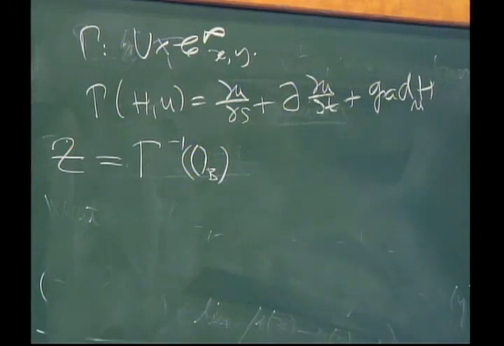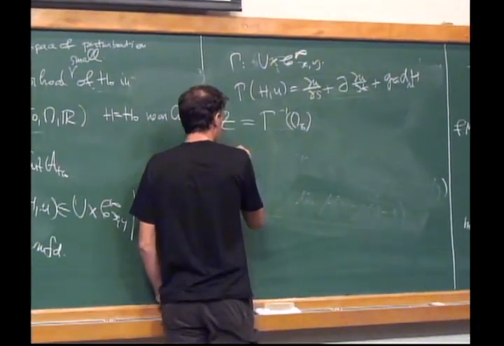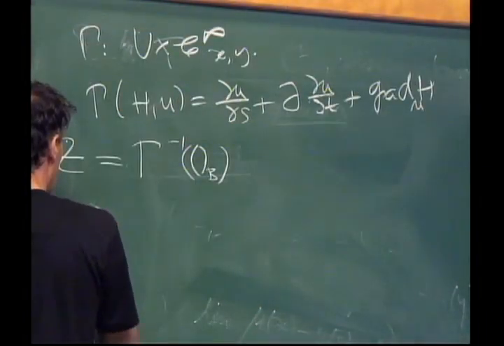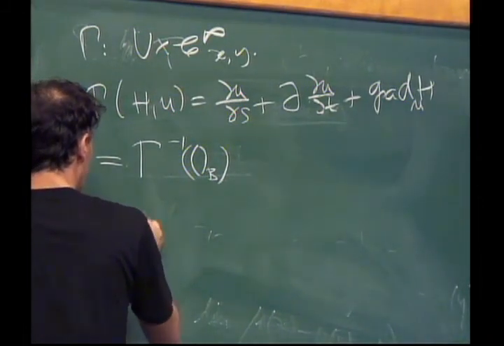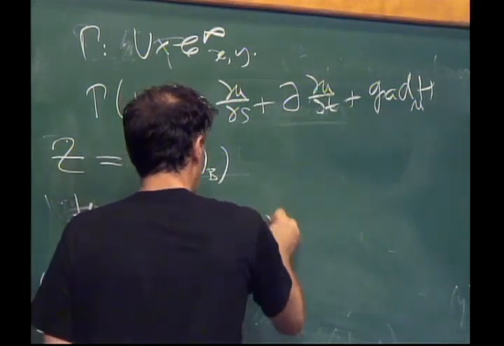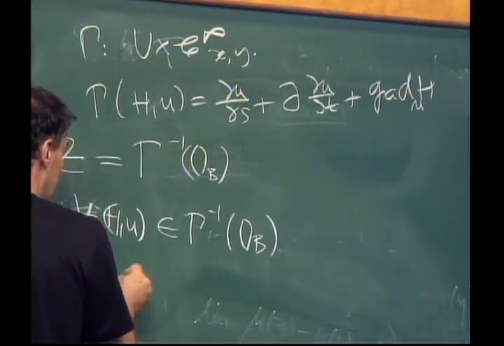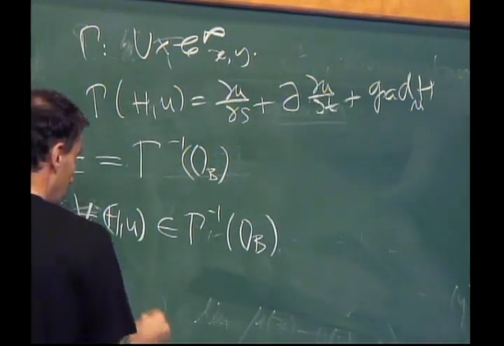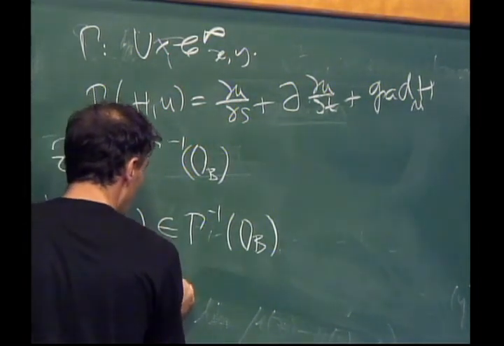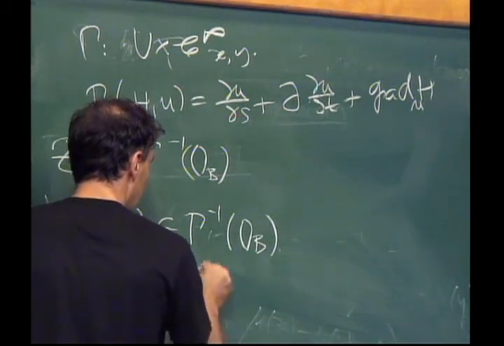So in order to have this, you need to have this surjection property. So you need to have this projection, for any (H, u) in gamma to the minus 1 of 0_B, as I said before, the projection on the fiber composed with the differential of gamma to be surjective.